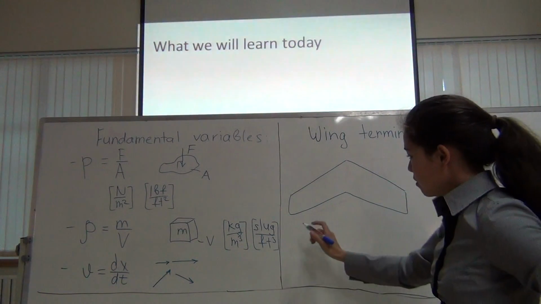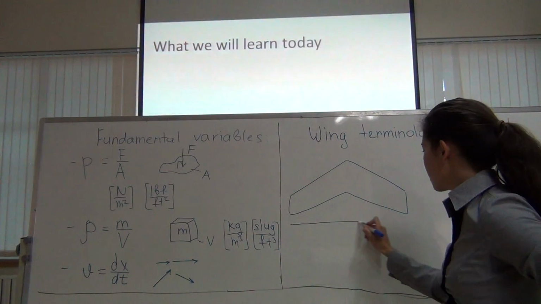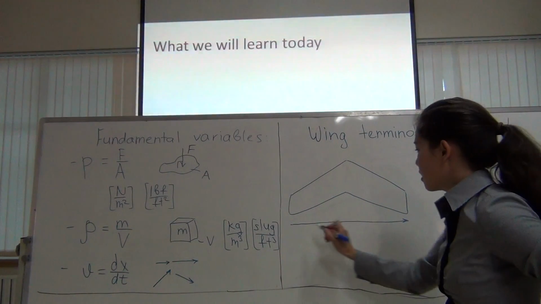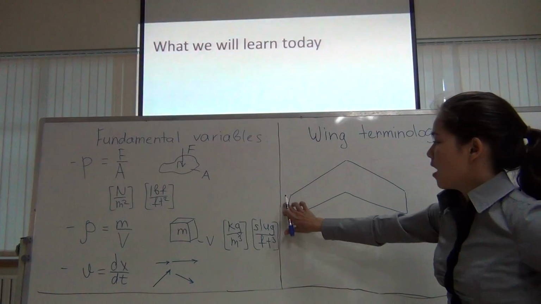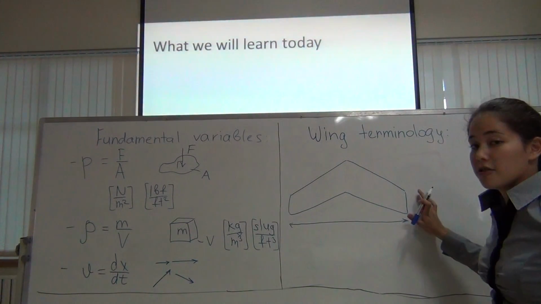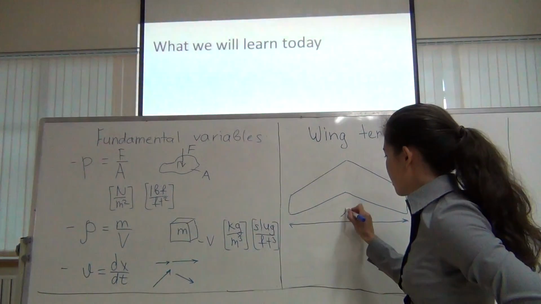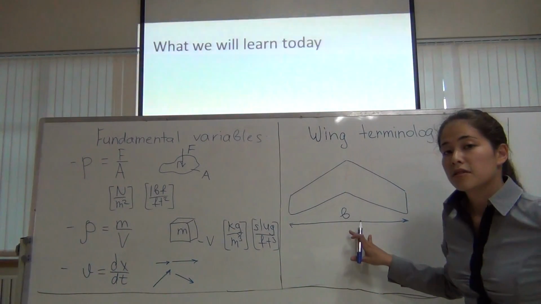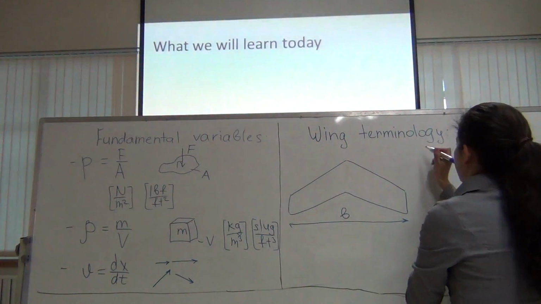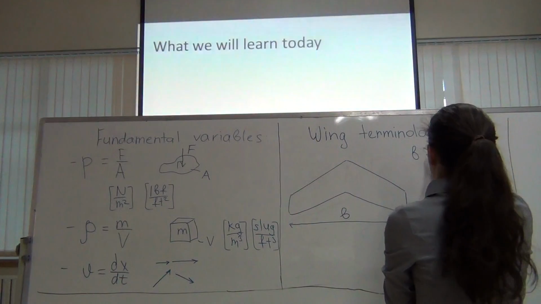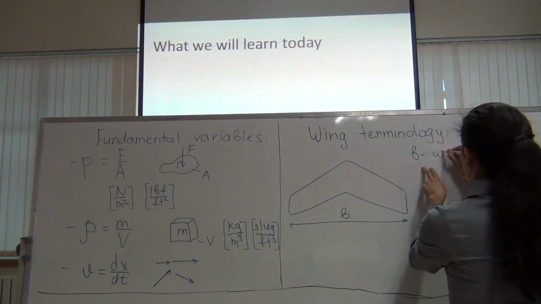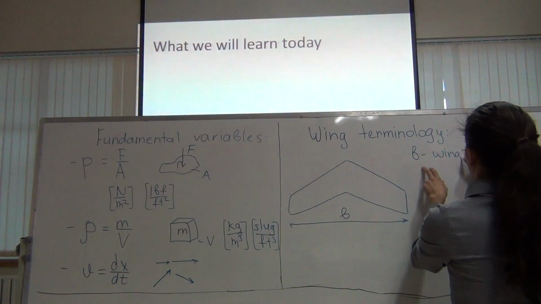So first of all, we define this distance from one end of the wing to the other end. It is denoted as B and is called a wingspan. Let's write it down. B is the wingspan.